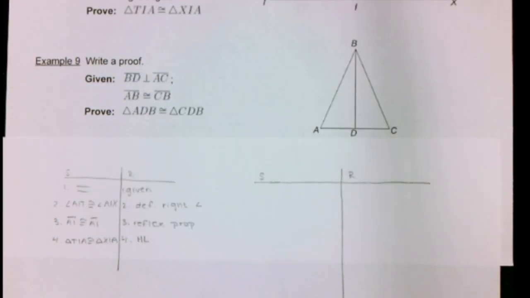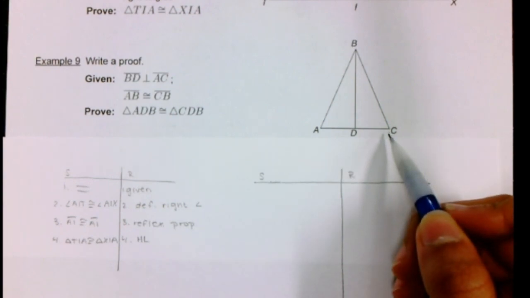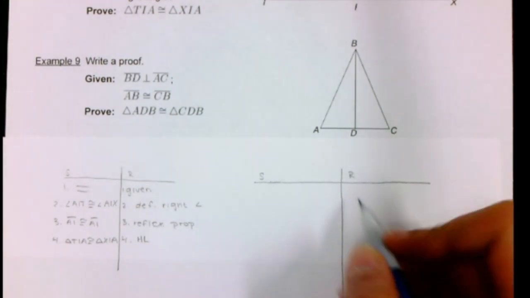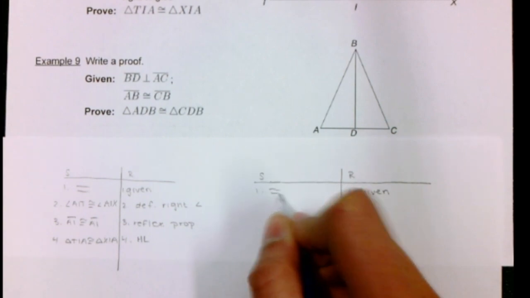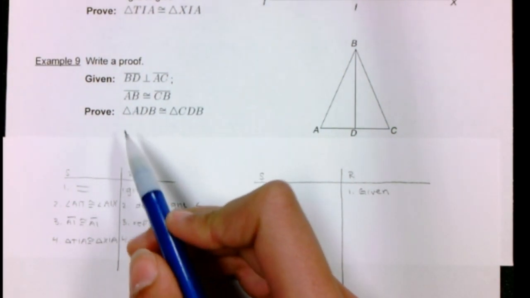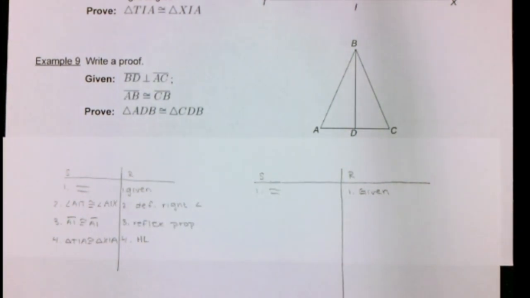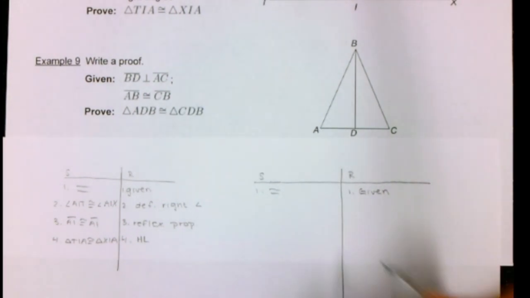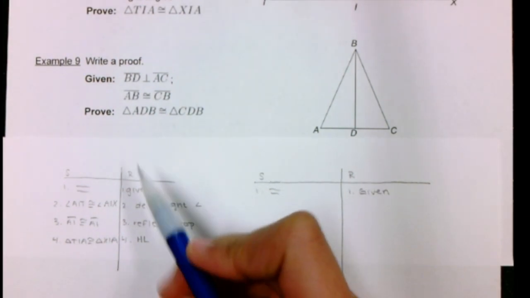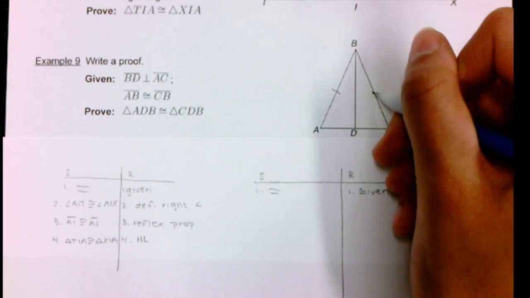Example 9. We need to prove that triangle ADB is congruent to triangle CDB. We have our given, and it says that line BD is a perpendicular bisector to AC, and side AB is congruent to side CB.